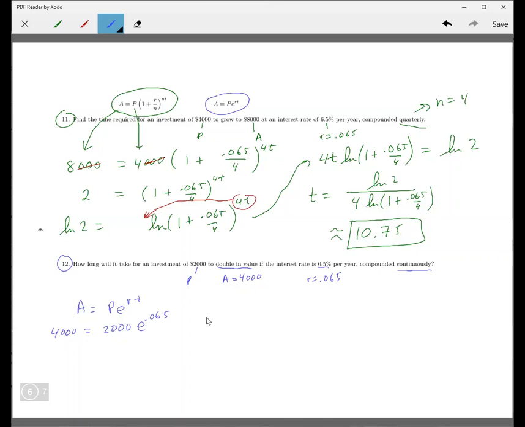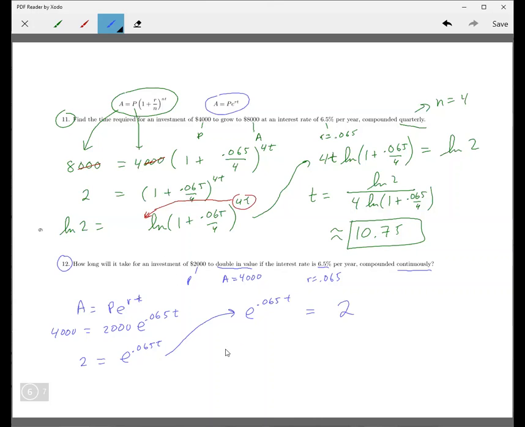Okay, so now we divide both sides by 2,000, and that gives us this. Let me write it as e to, oh, this is a t. Oops, sorry about that. I forgot, I put the r but not the t. So e to the 0.065t equals 2.